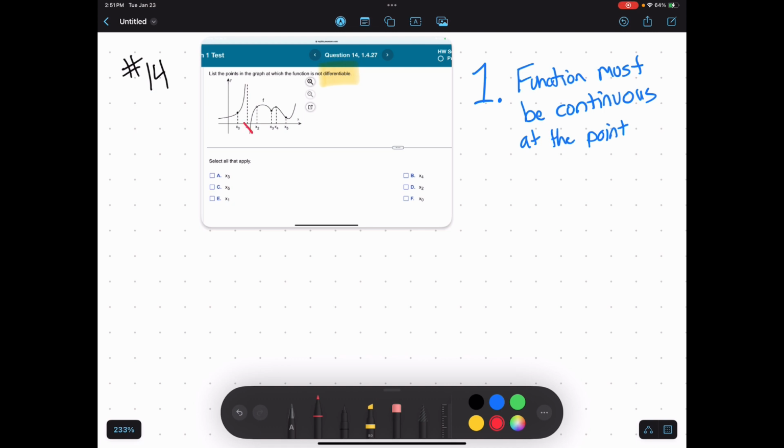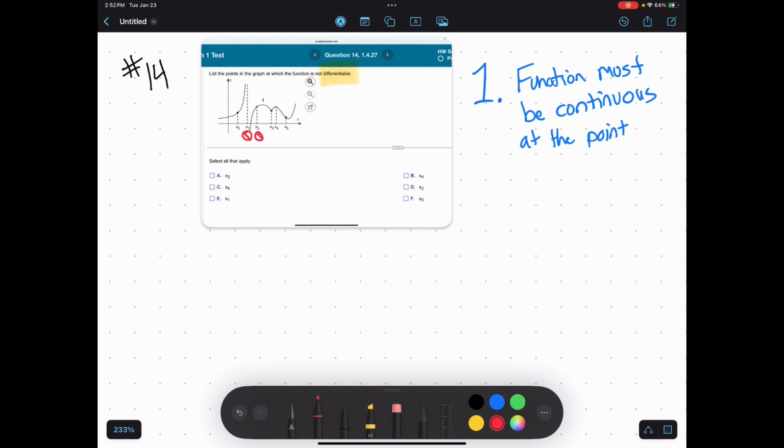We have a vertical asymptote. Here, instead of crossing it all the way out, I'll just do this. At x1, we have a vertical asymptote. So my function's not continuous there, and therefore I can't find the derivative at that point. At x2, I have a hole.